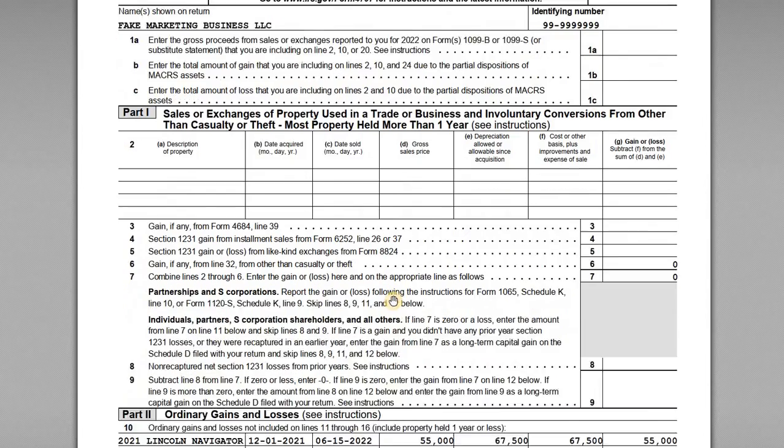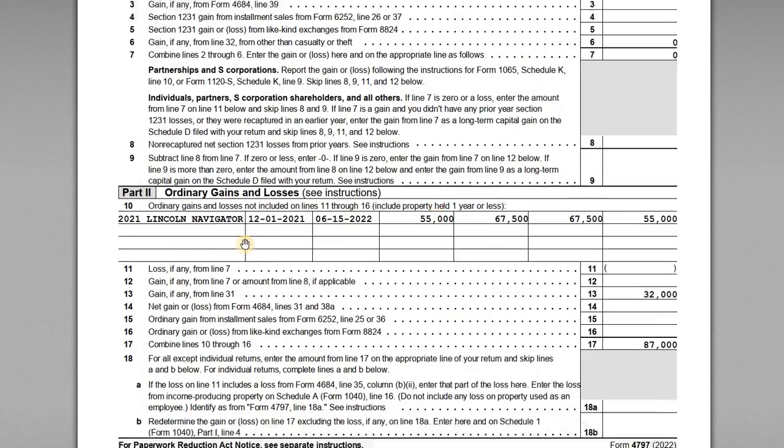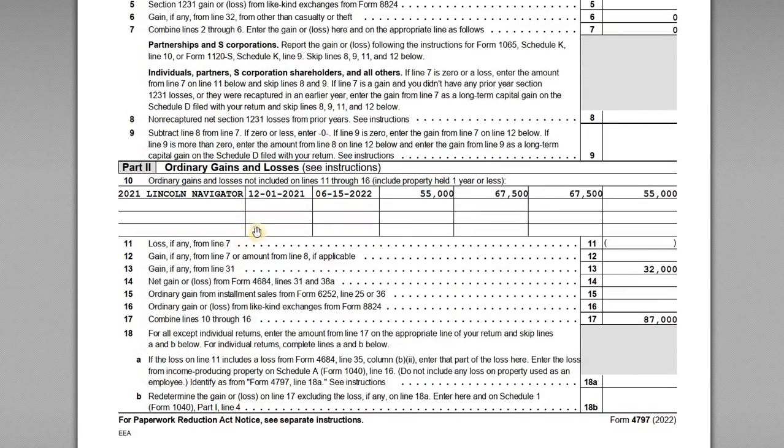I'll cover the sale of the Lincoln first, right? Remember, the Lincoln Navigator was 100% used for business, and it was a short-term holding period. So we're reporting it in Part 2, ordinary gains or losses. We've got a 2021 Navigator. Sale date is June 15th, 2022. The original purchase date was December 1st, 2021.